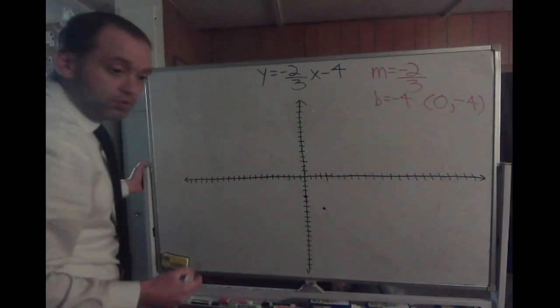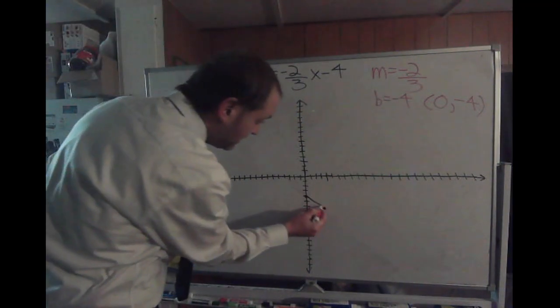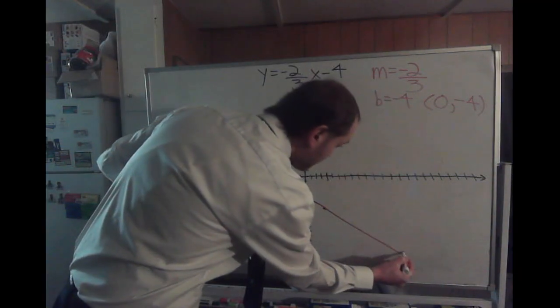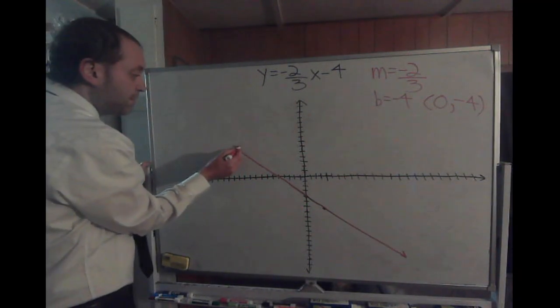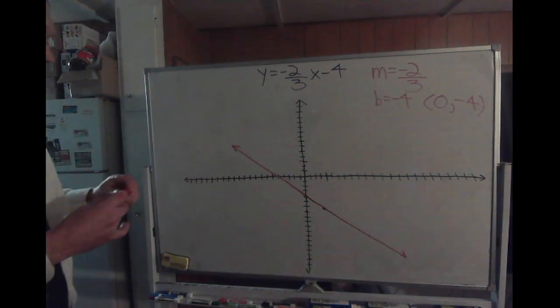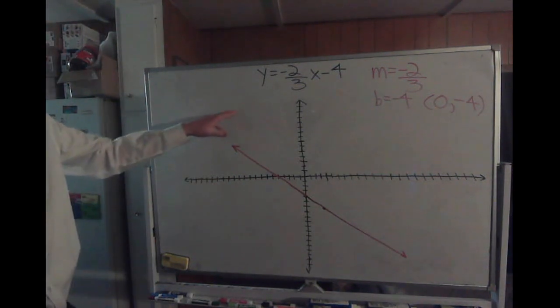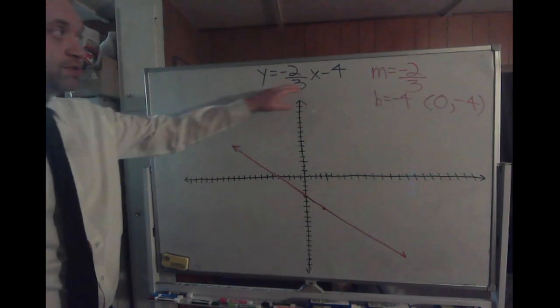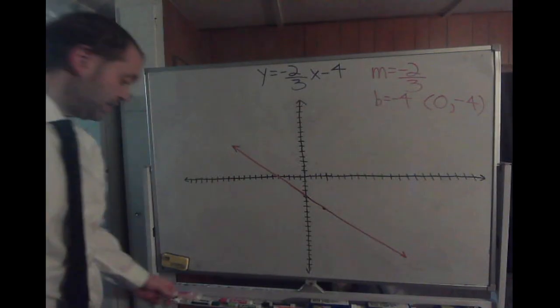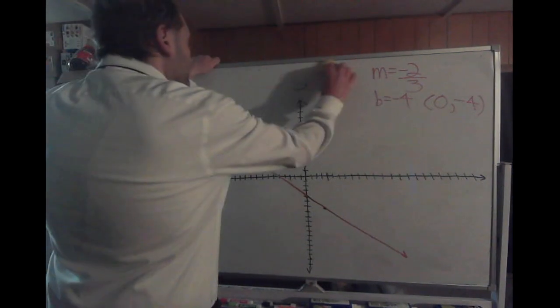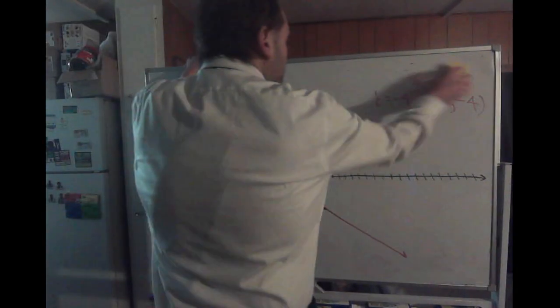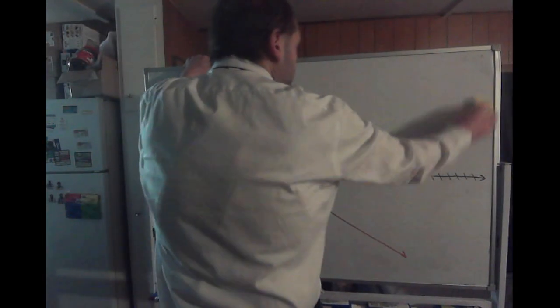So plot that point, and then you just connect the dots, and you'll get some lovely graph. There you go. So that's roughly what y equals -2/3 x minus 4 looks like. All right, should just be one more with graphing, and then we've got some equations.